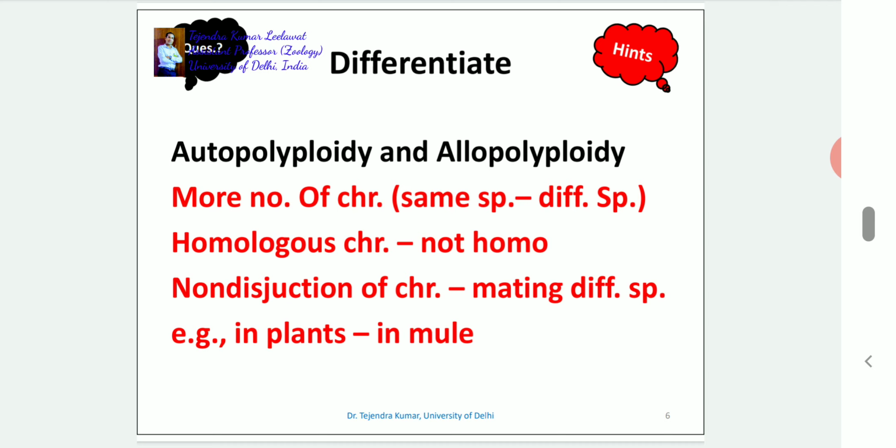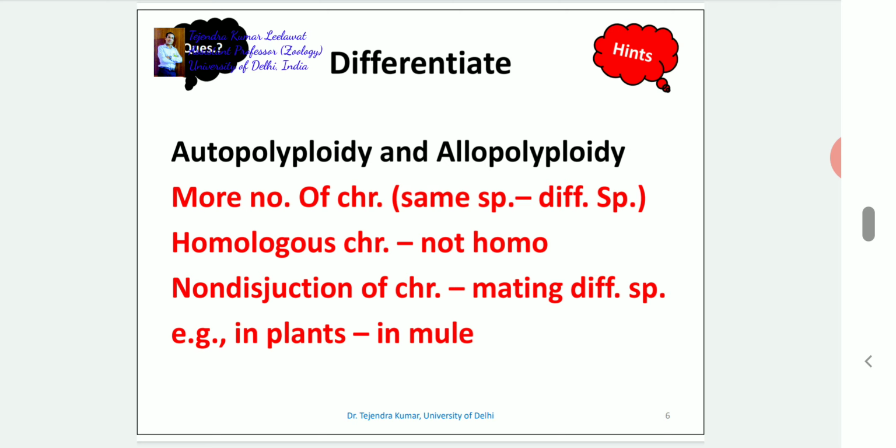So one is received from the father and another one from the mother. These are the homologous chromosomes, but remember that both are the same in their genetic structure or gene alignment.